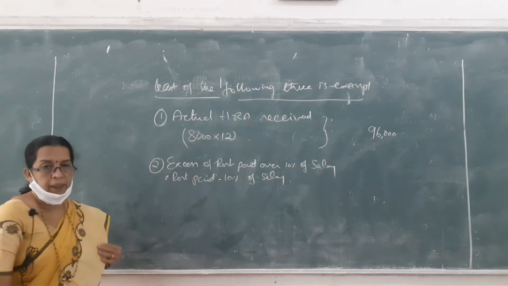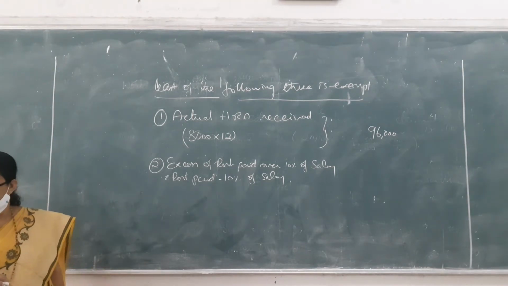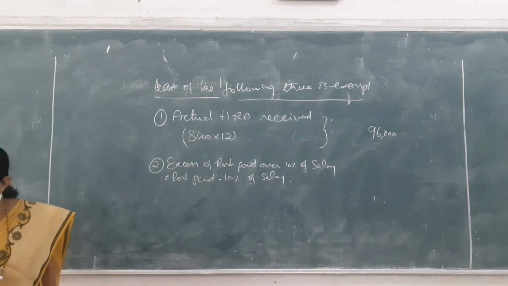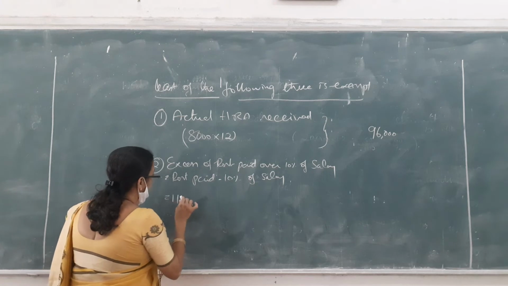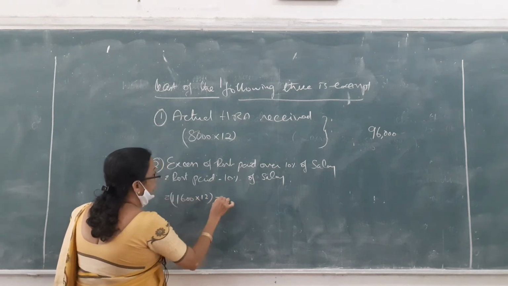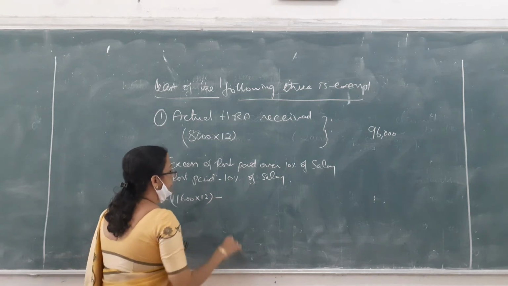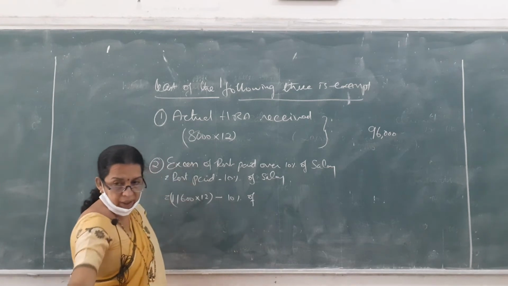Excess of rent paid over 10% of salary is equal to rent paid minus 10% of salary. What is the rent paid here? 11,600 into 12 minus 10% of salary.